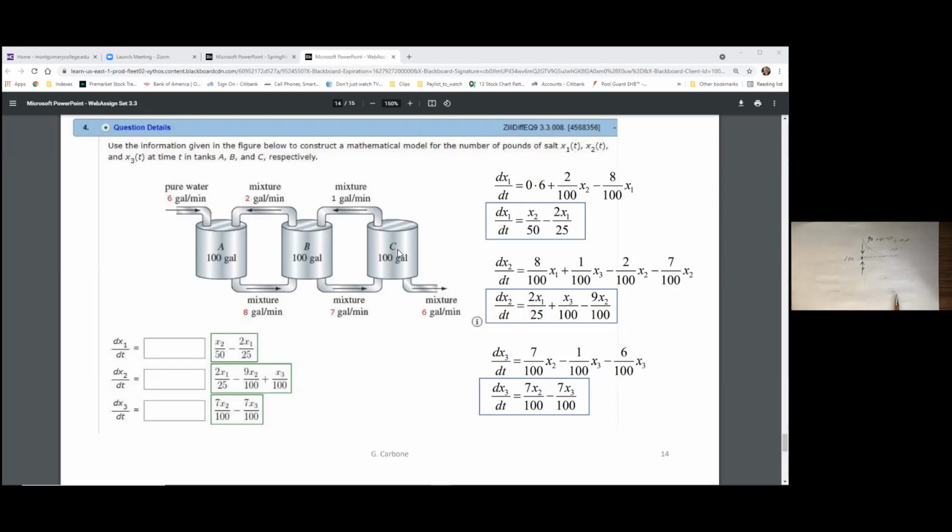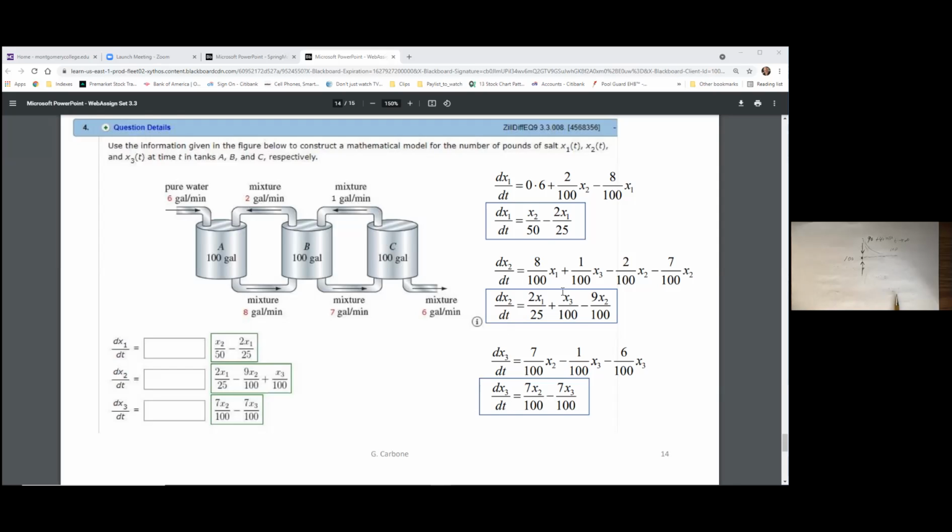Okay, so now you see what's happening with tank C. We've got 7 gallons going in from tank B, so that's why it is in X2. 7 gallons going in from tank B. And then 1 gallon per minute is going out from tank C. And then 6 gallons per minute are going out from 3.